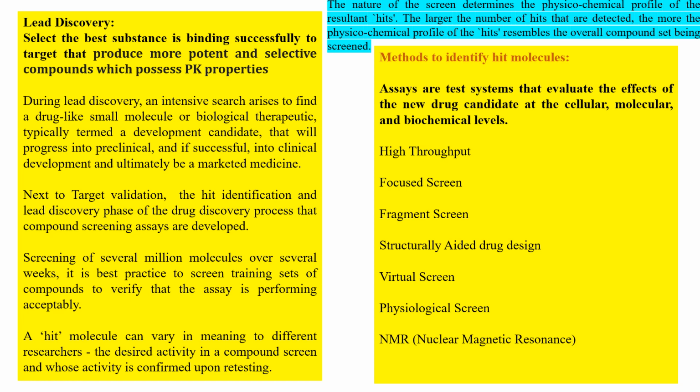In general, a hit is nothing but the one which produces the desired activity in a compound screening, and the activity is tested again and again, to see whether the compound is producing the same response or not. There are different methods to identify hit molecules: high throughput, focused screen, fragment screen, virtual screen, physiological, then NMR.